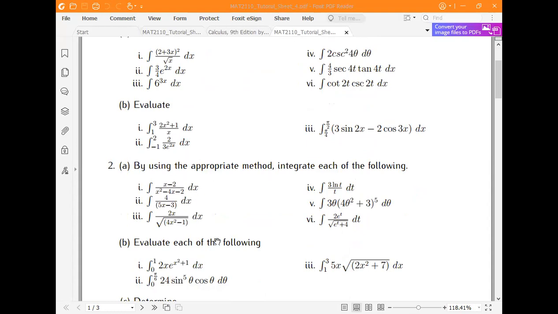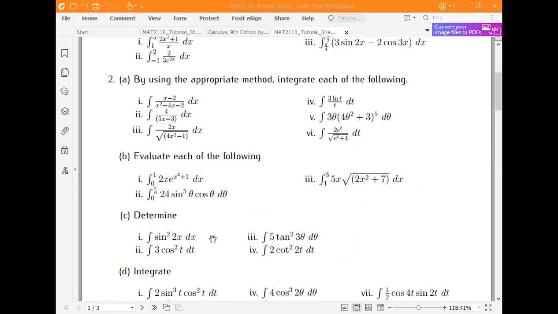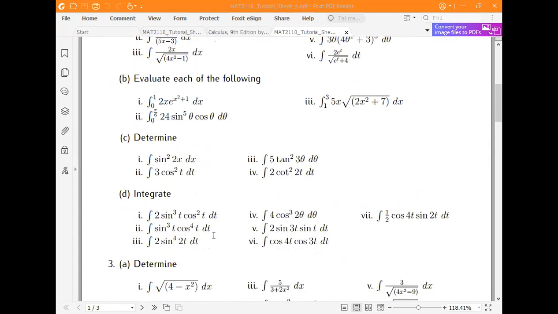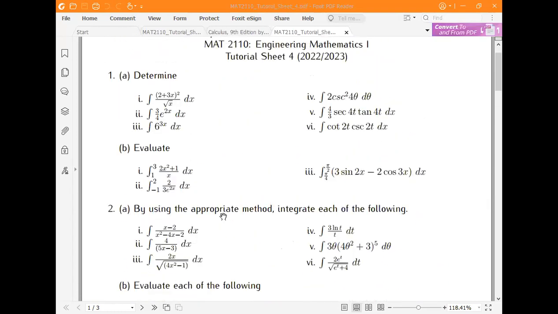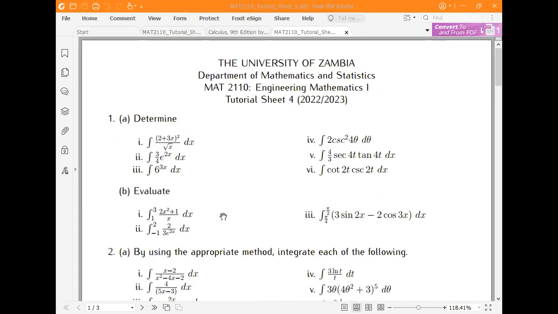Let's do the subject. Sheet 4, question 1.